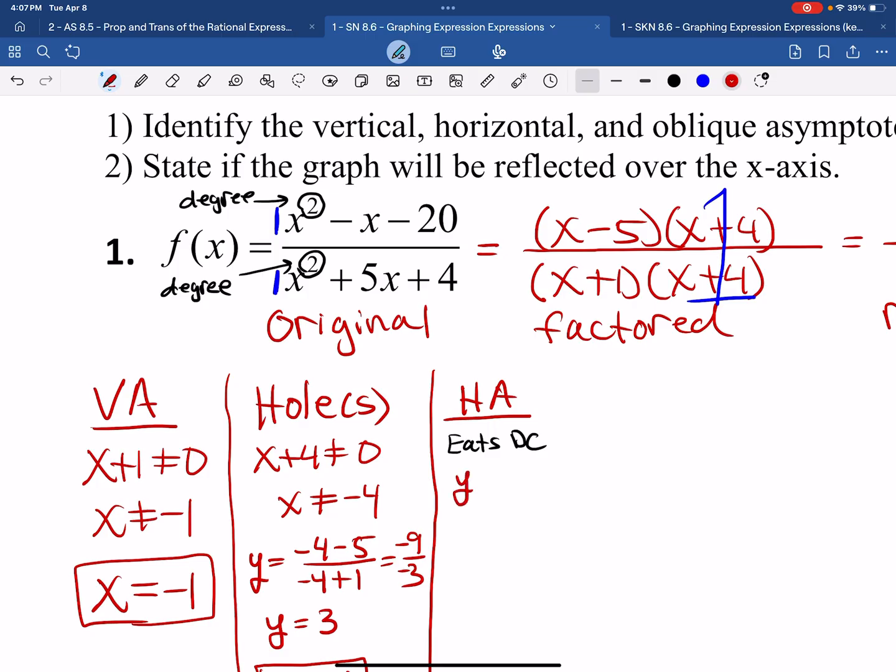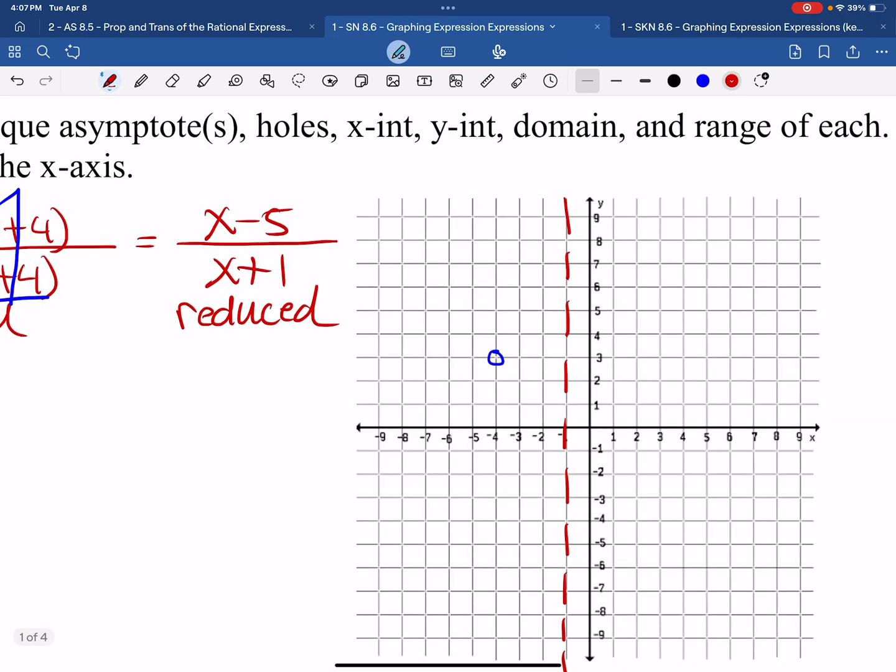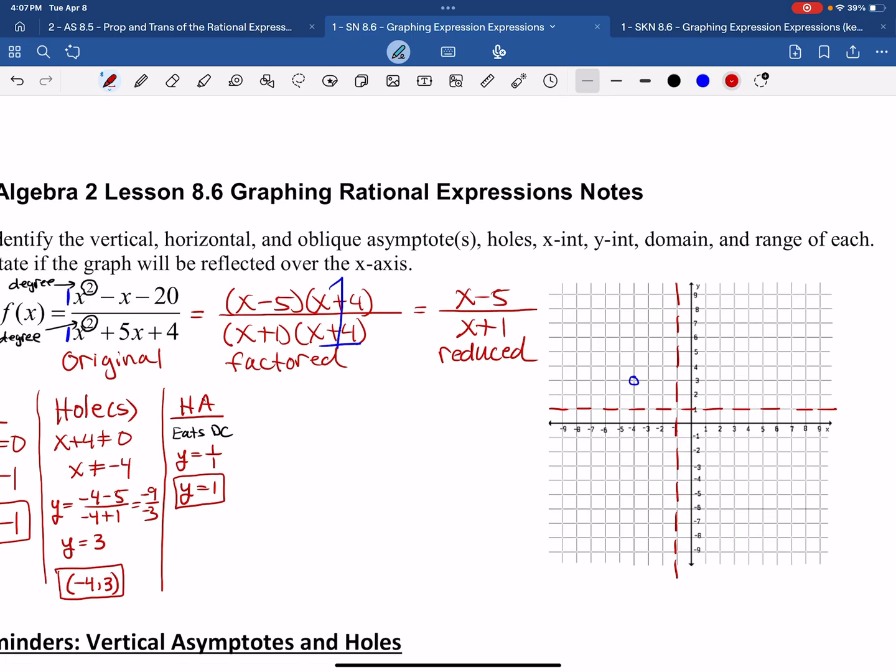So we're going to get y equals 1 divided by 1. Therefore, y equals 1 is our horizontal asymptote. So we're going to come up here on our graph, and at y equals 1, we're going to draw a horizontal asymptote.